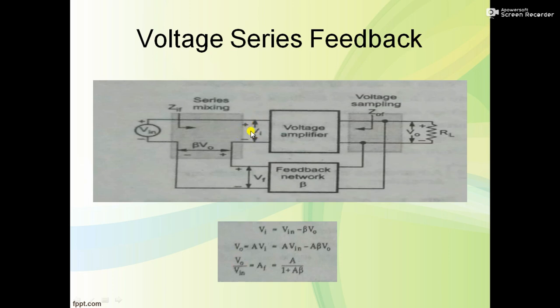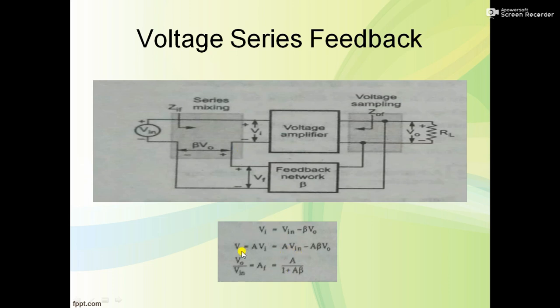So when the Vi and beta V naught are mixed together, according to the advantages of the feedback technique, we can increase the range of the amplification process, reduce the percentage of distortion, and maintain the parameters of the amplifier, either to increase or decrease.